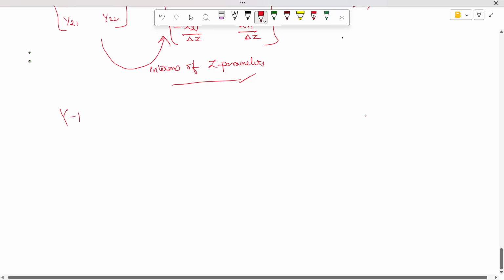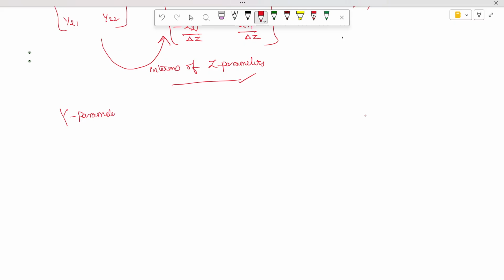So we want y parameters in terms of ABCD parameters. What is the importance of this? Let's discuss.